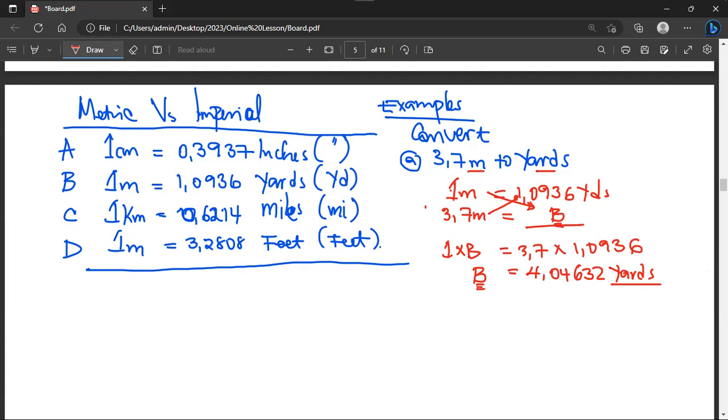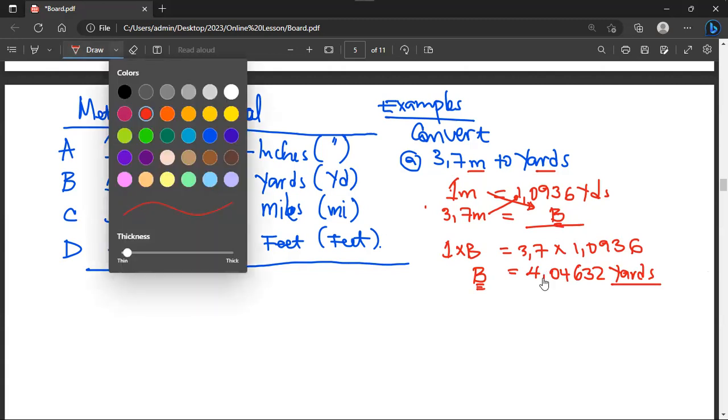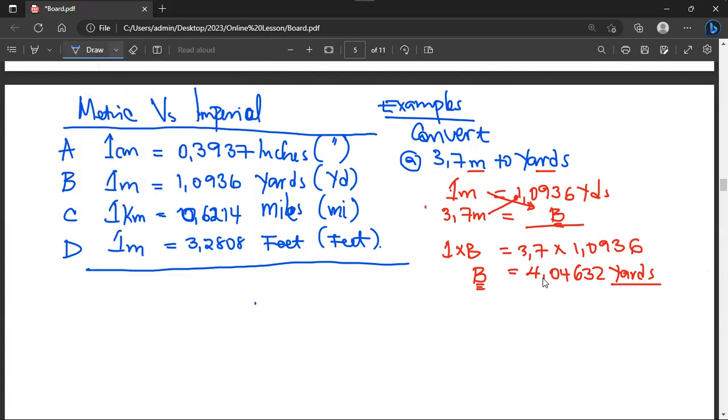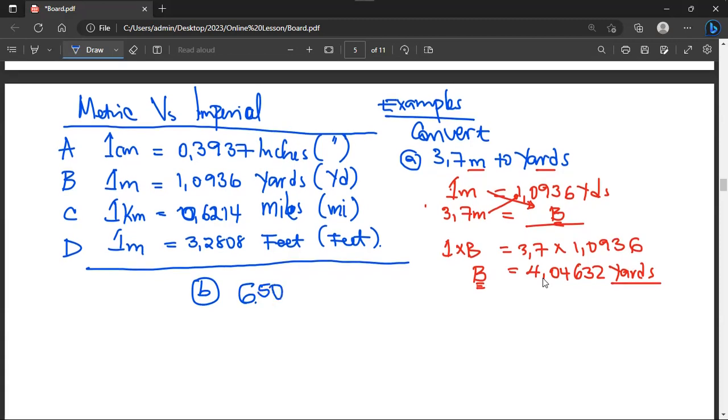All right, let's do another example here. They want us to change 650 yards to meters.